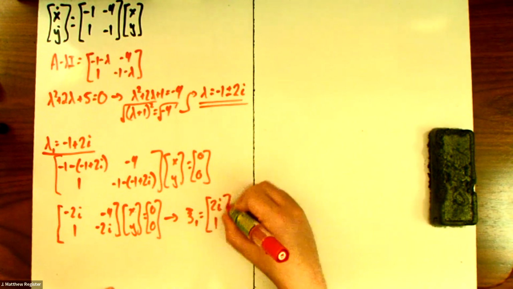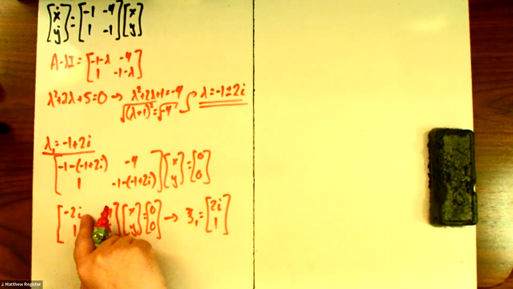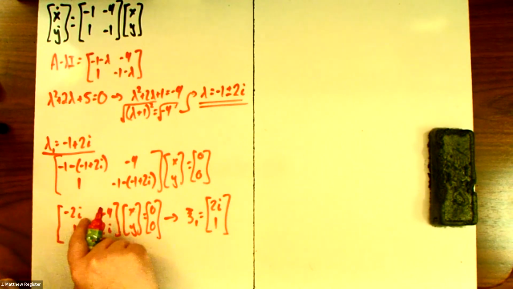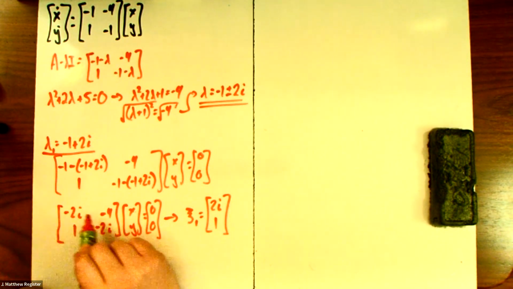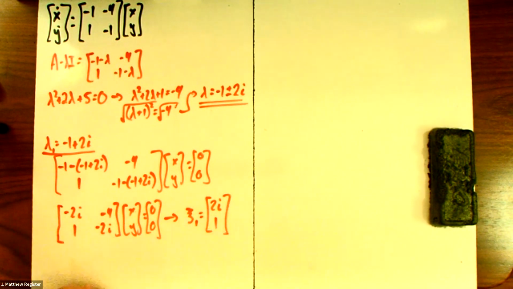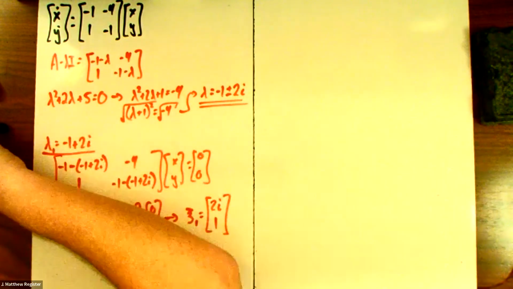If we want to verify that this works, we could multiply it by the top. 2i and a negative 2i is going to give us a negative 4i squared, which is positive 4. And then 4 plus negative 4 gives us the 0. And so now we know that we're going to have terms of this form.